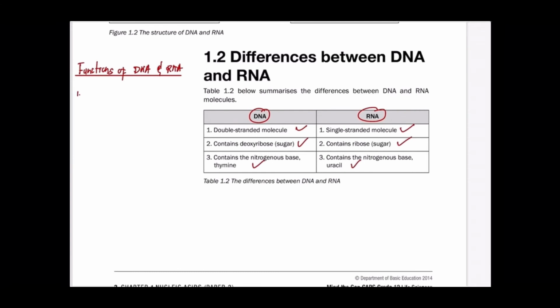The first one is the fact that DNA and RNA carry genetic instructions, also known as codes, in other words.